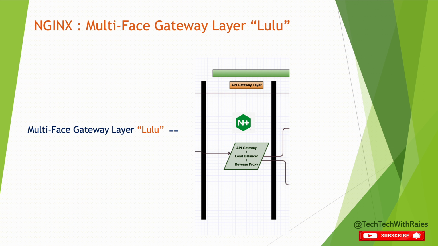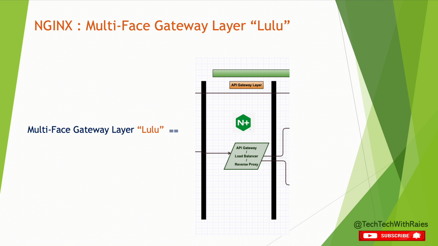So do you see any similarity between API gateway layer functionalities and NGINX functionalities? One similarity I see is that whatever critical functionalities are required at the API gateway layer, all of them are available as faces in NGINX. That means NGINX can be configured individually as those tools to provide individual features of the API gateway layer.